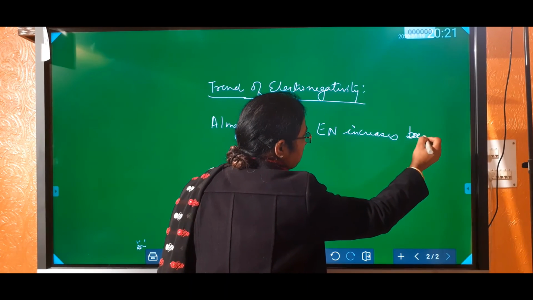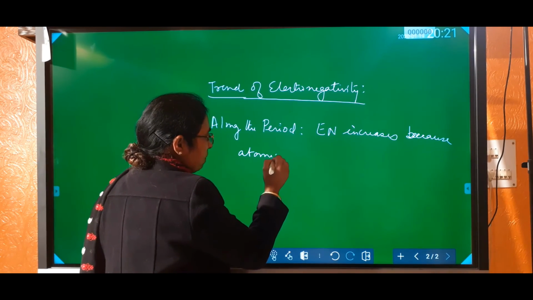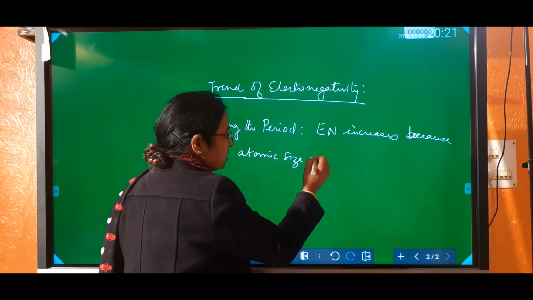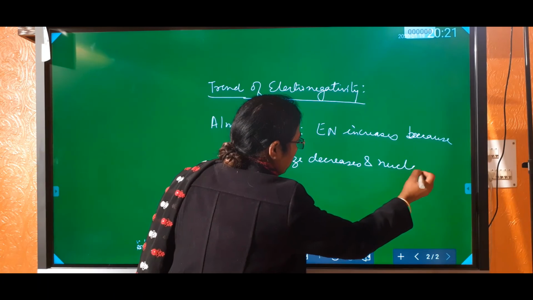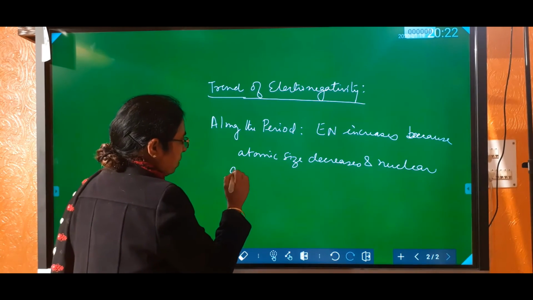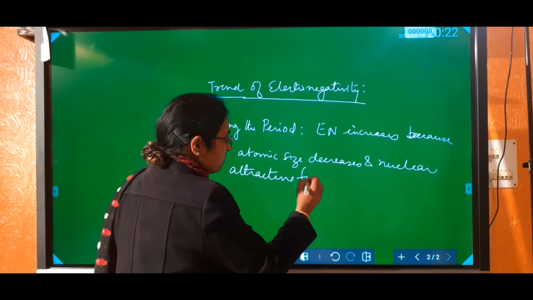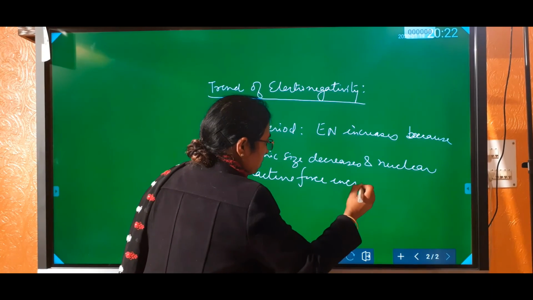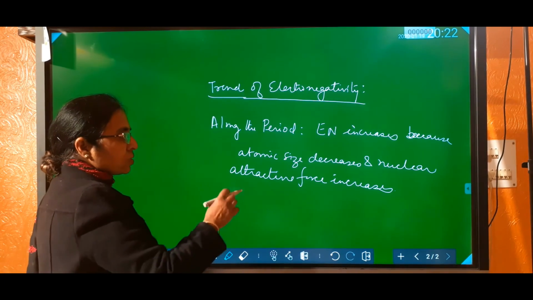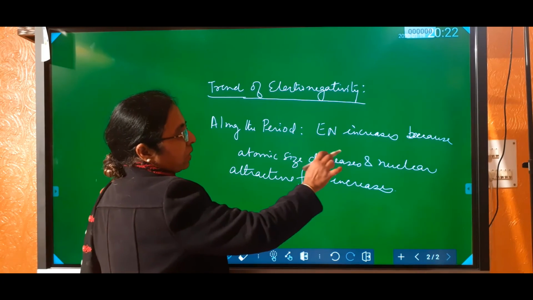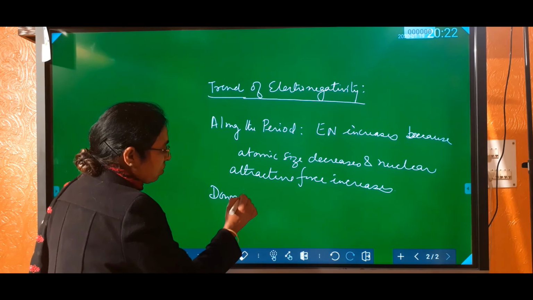Because atomic size decreases and nuclear attractive force increases. So along the period, electronegativity increases, and down the group, it will be just the opposite.